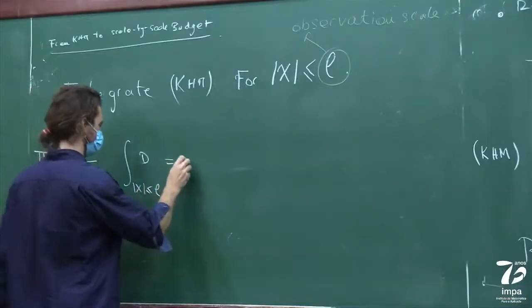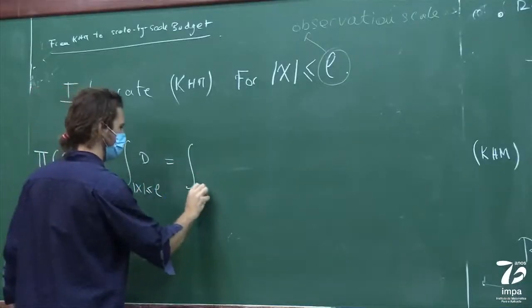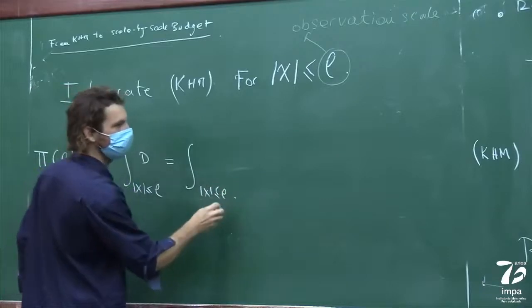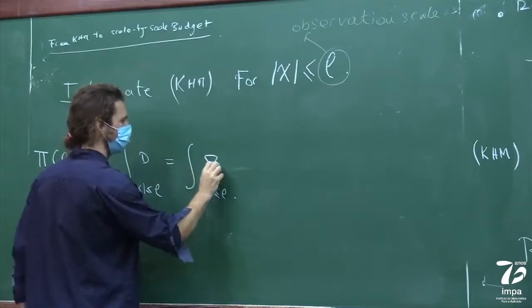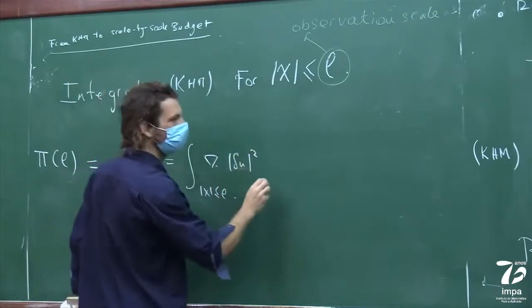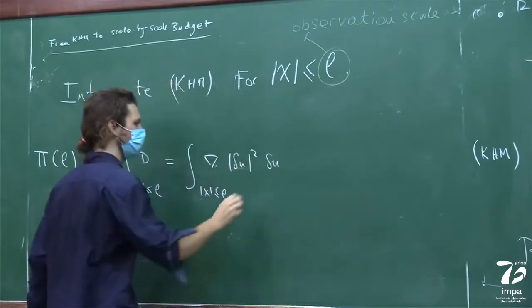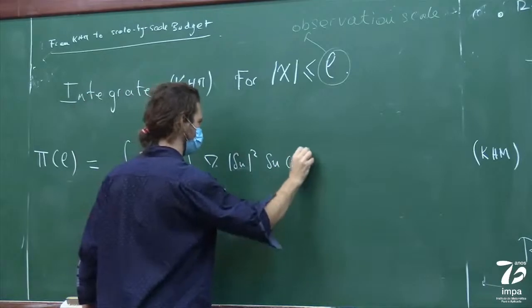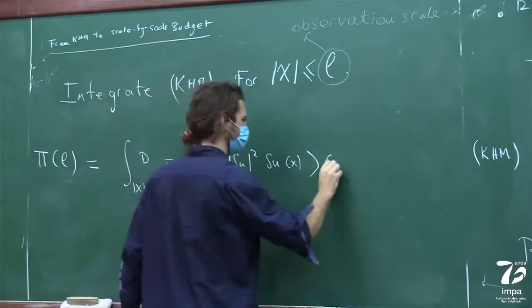That is the integral for x smaller than L of a divergence operator times delta u squared times delta u of x. This depends on x only, sorry.